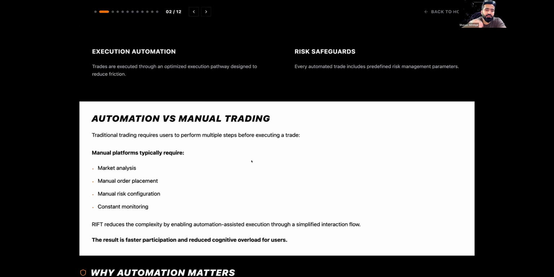Now let's understand the difference between automation versus manual trading. Traditional trading requires users to perform multiple steps before executing a trade. If we compare it to purely manual trading on centralized exchanges, the requirements are market analysis, manual order placement, manual risk configuration, then constant monitoring of the trade you have executed.